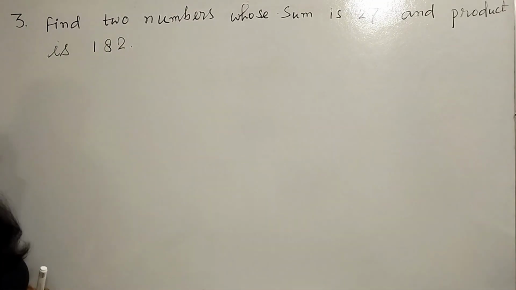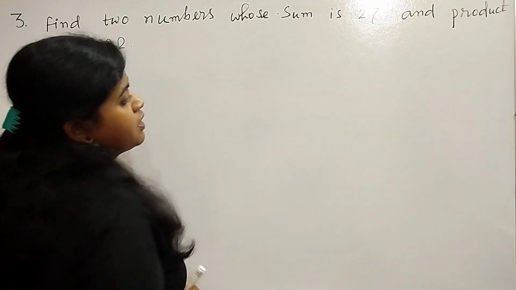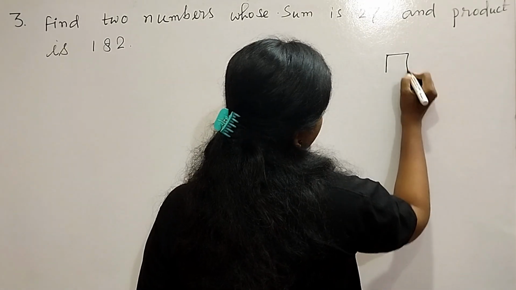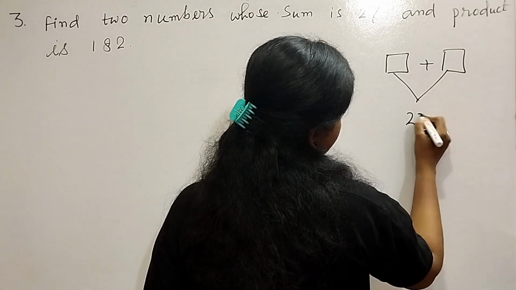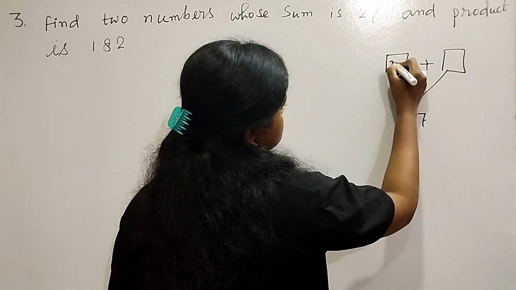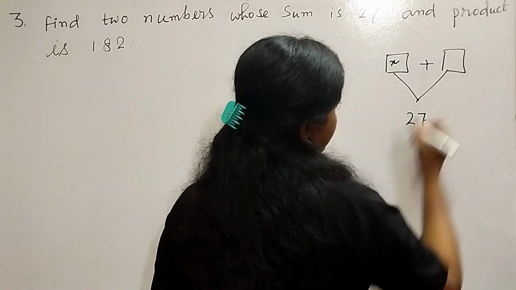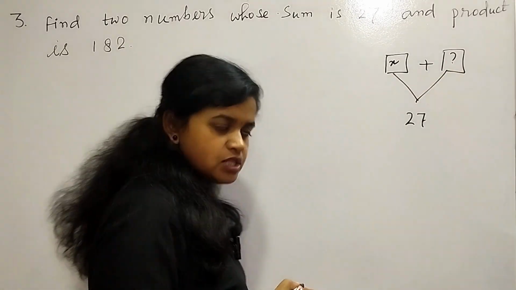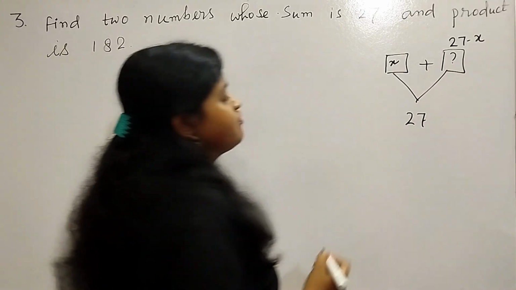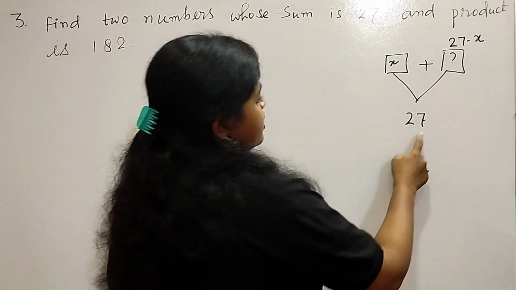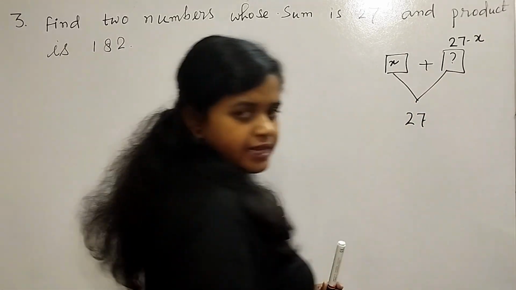So find two numbers whose sum is 27. Suppose these are two numbers and their sum is 27. If I assume one number is x, what should be the other number? The other number should be 27 minus x, because if I subtract x from 27, we will get the other number.